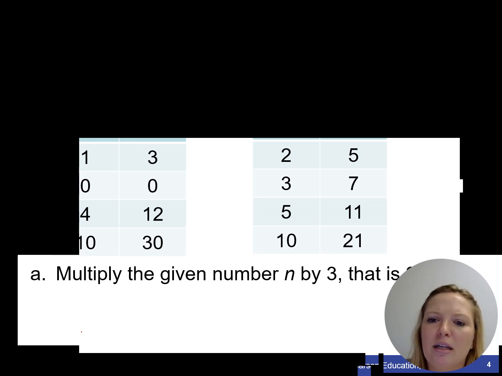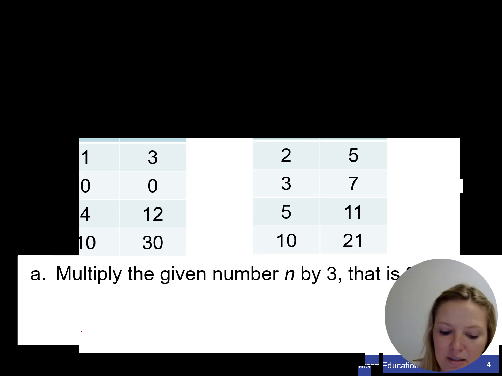but let's see, 2 times 2 is 4, plus 1 gives me 5. 3 times 3 is 9, that doesn't work, but what about 3 times 2 is 6, and 6 plus 1 is 7.